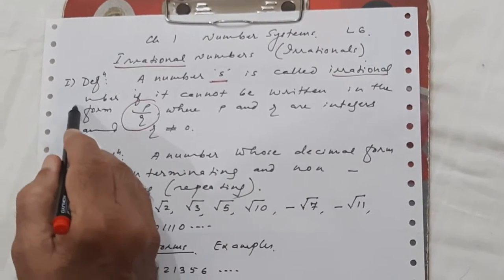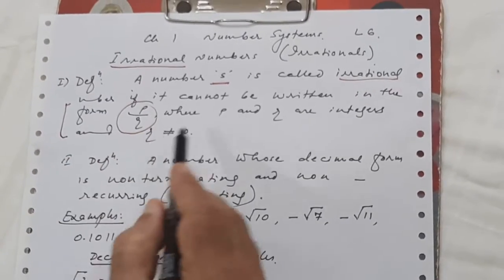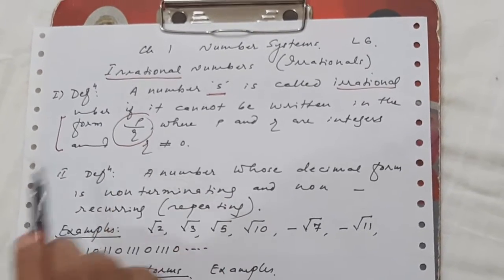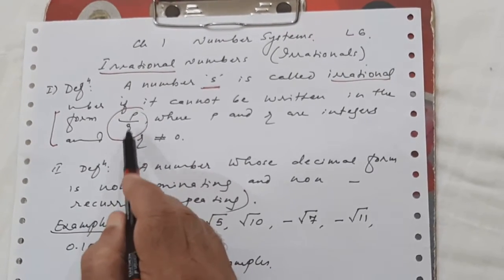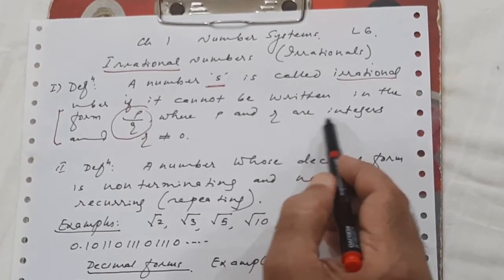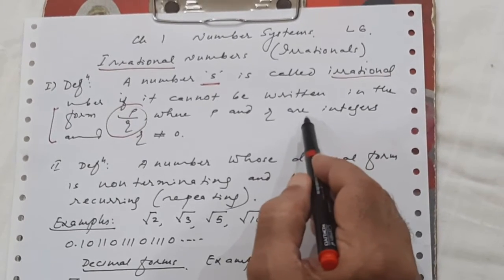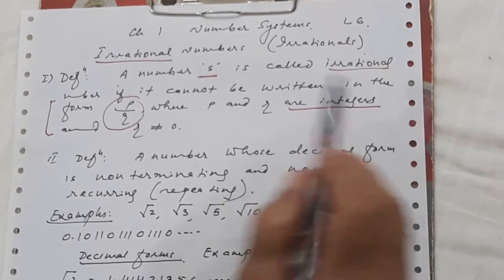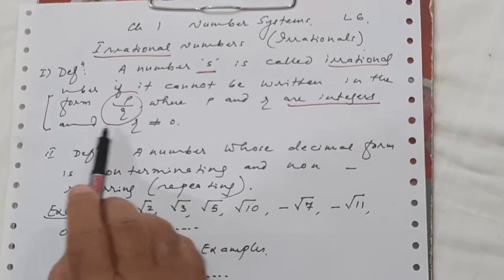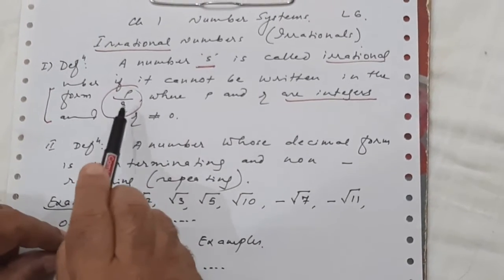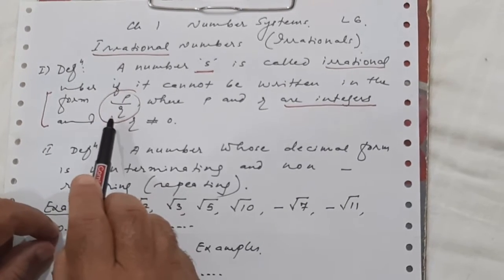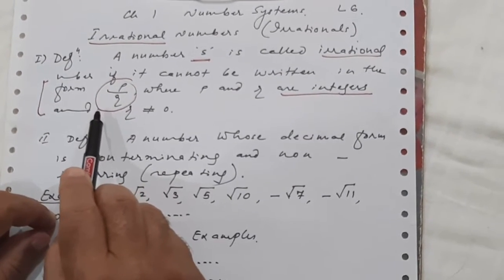This is the definition of a rational number, because a rational number is in the form of P upon Q, where P and Q are integers, meaning they may be positive, negative, even 0. But the condition is that Q should not be 0. So the number which cannot be expressed in this form is called an irrational number.